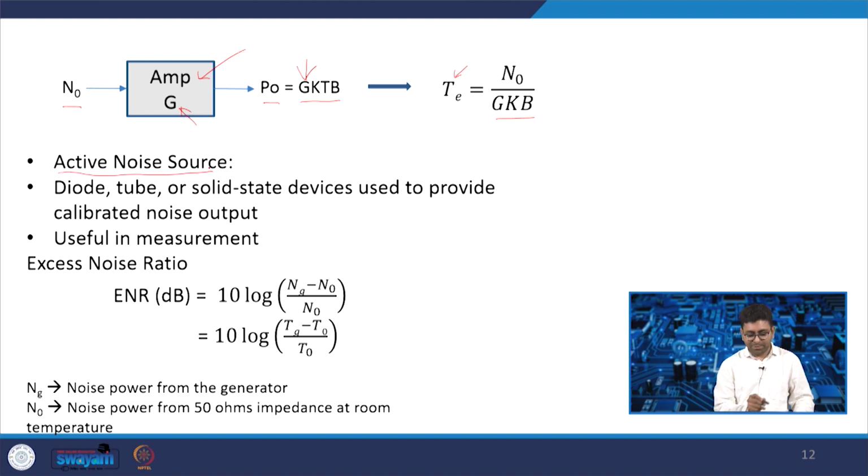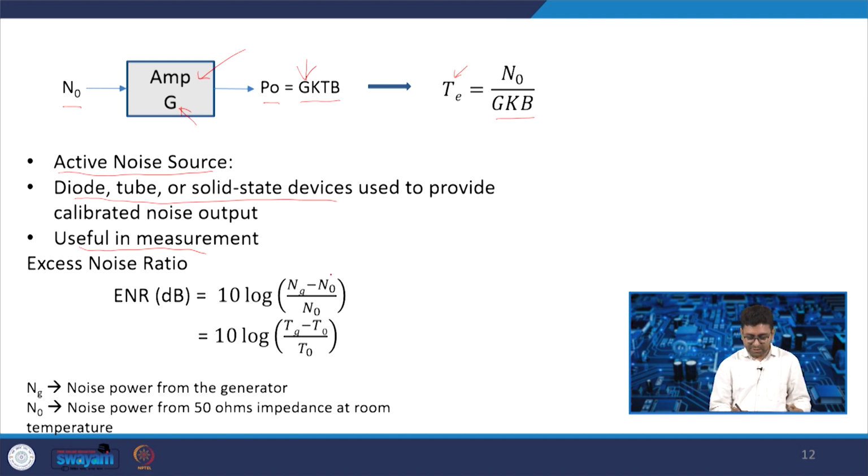There are also various active noise sources available, and an excess noise ratio has been defined for them. These active noise sources are made of diodes, tubes or solid state devices, and are very useful in measurement, when you want to find the noise parameters of any system or device.